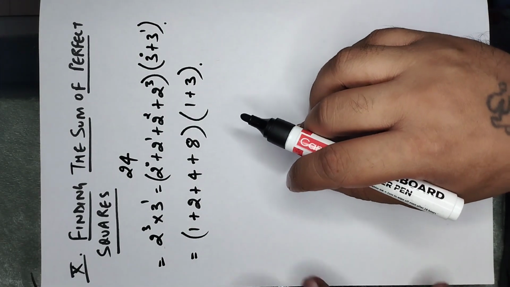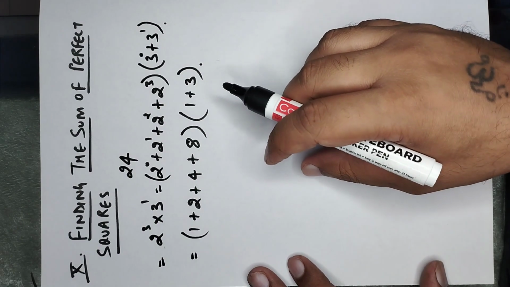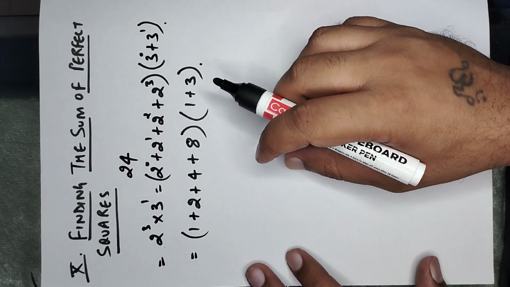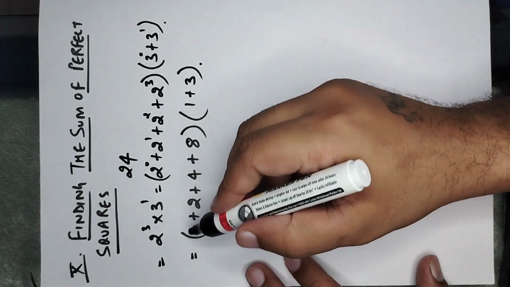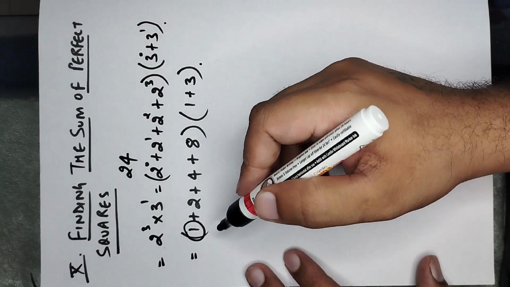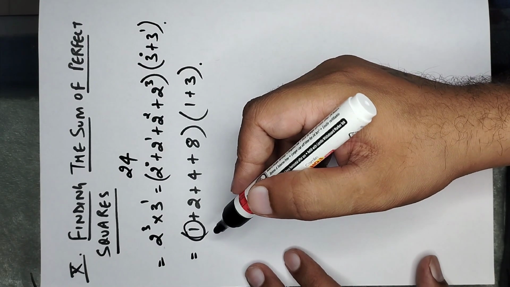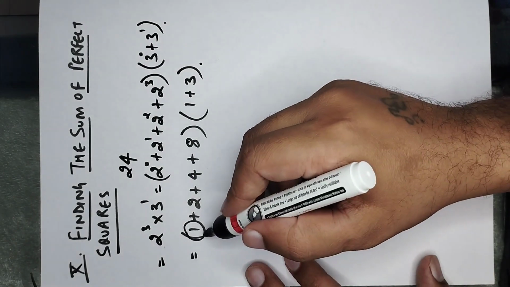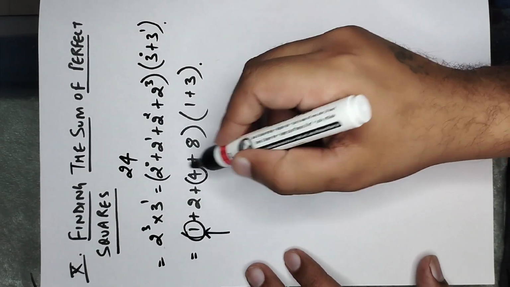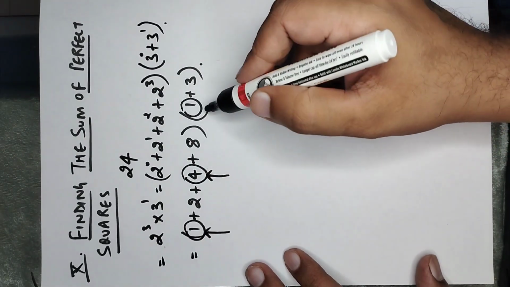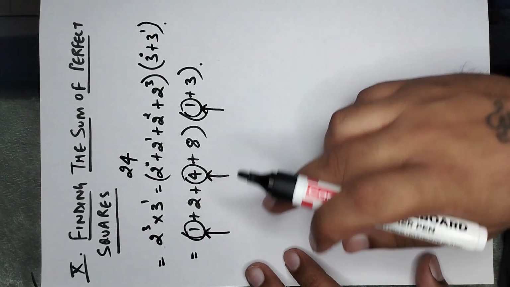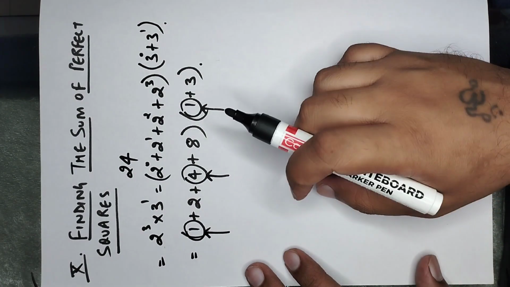Now if you see this, how many factors are we getting here that are perfect squares? As I have told you earlier, 1 is always a perfect square or a perfect cube, because 1 remains as it is. So 1 will be there. Then 4 is also a perfect square. Similarly, again 1 is over here. So we have 2 factors in this one and 1 factor in this.